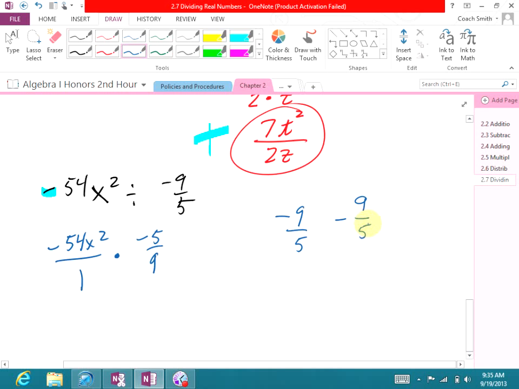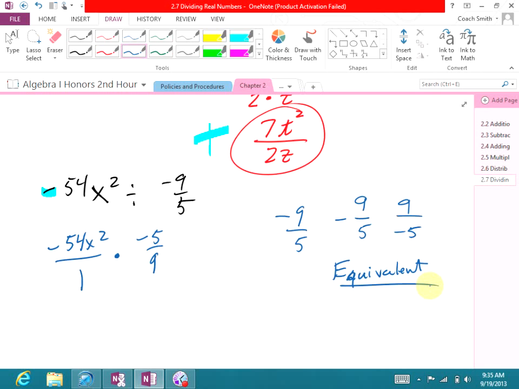negative sign out in front, 9 over 5, or all those are exactly the same. These are all equivalent. Okay? Every one of those expressions there are equivalent. They're the same. So it doesn't matter if I stick the negative sign in the top of my fraction, the bottom of my fraction, or in the middle of the fraction, it still represents the same thing.